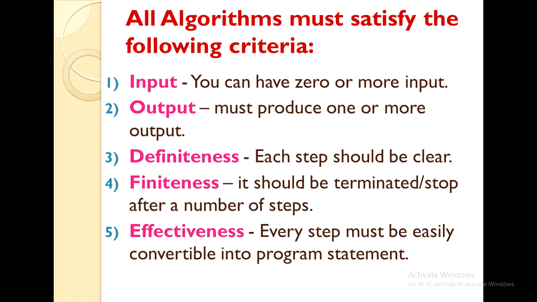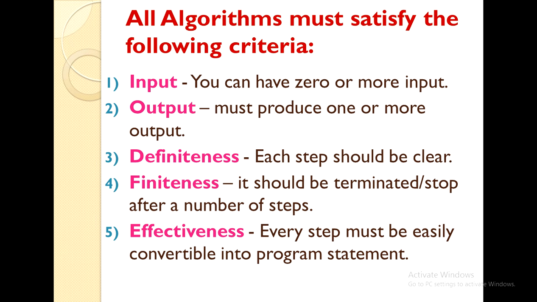Definiteness. Each step should be clear. You should state each step clearly. Anyone should be able to understand what is going on when they read the algorithm. Finiteness means that it should terminate after some time. It should have an end.